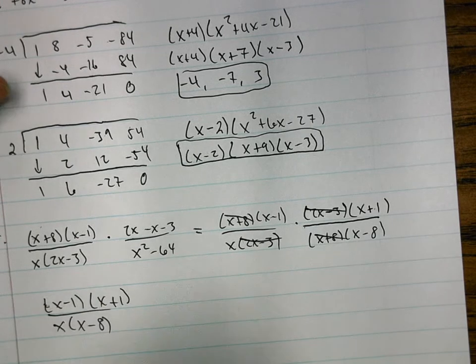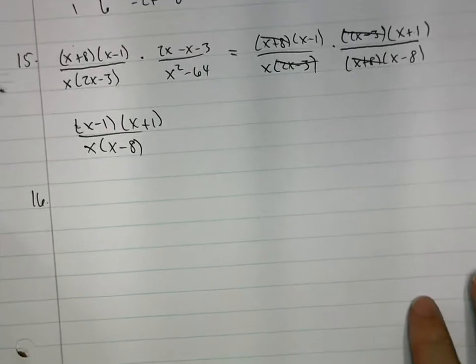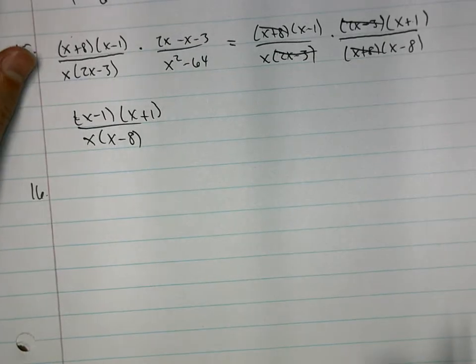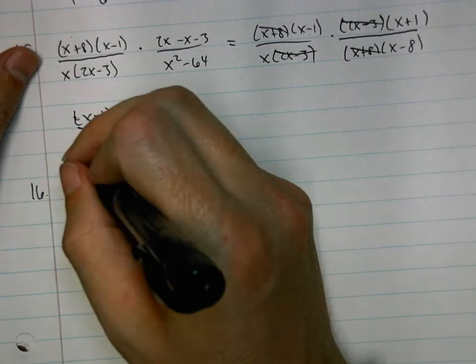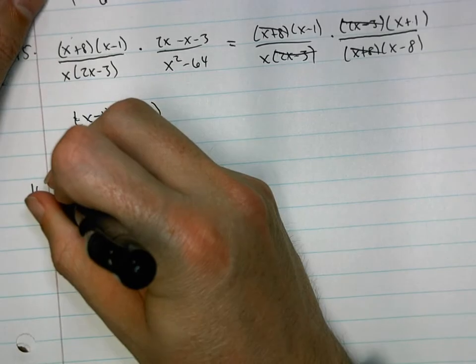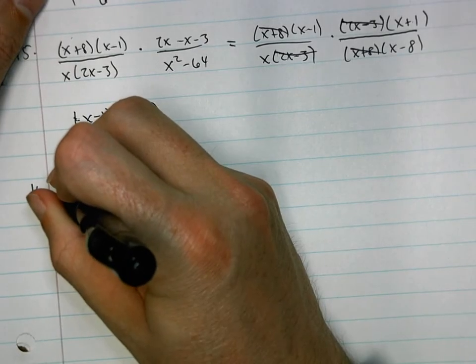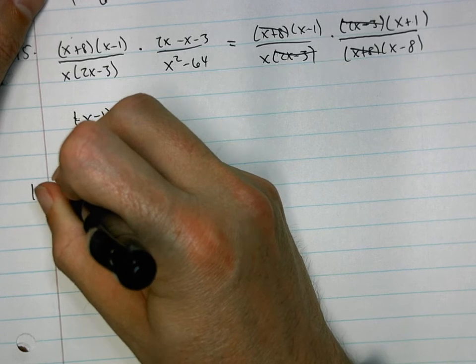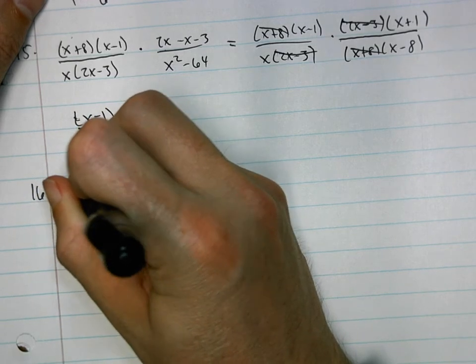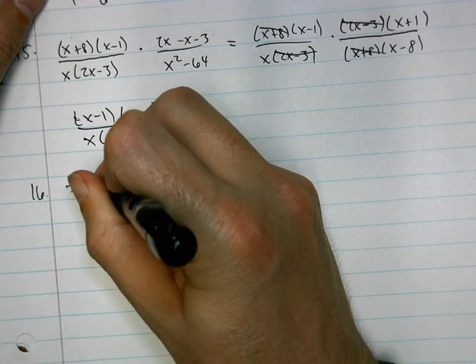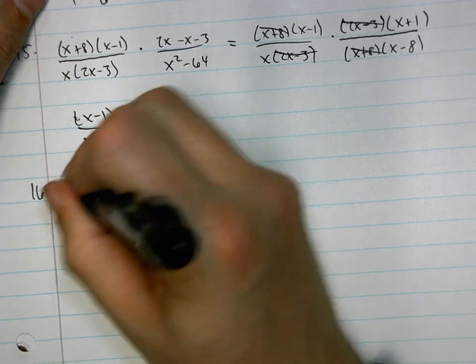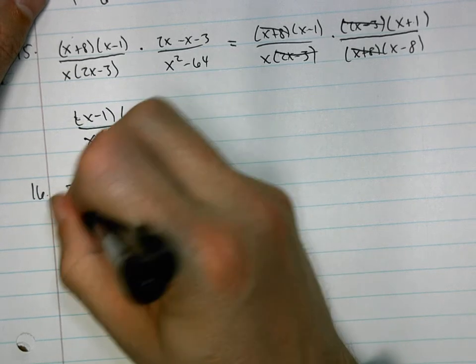16. Don't pull the trigger too quickly on this one, because they have the same denominator. They can combine. Make sure you distribute that minus sign. Actually, I'm getting too far ahead of myself again.